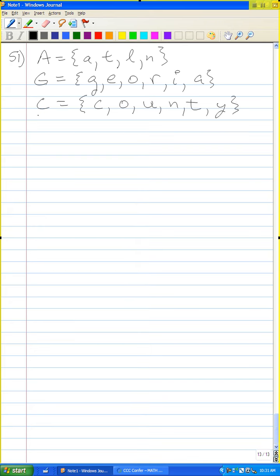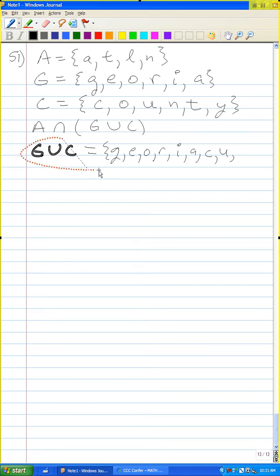51. A intersect G union C. So G union C is, well, G, E, O, R, I, A, C, O, U, N, T, Y. I need more space.